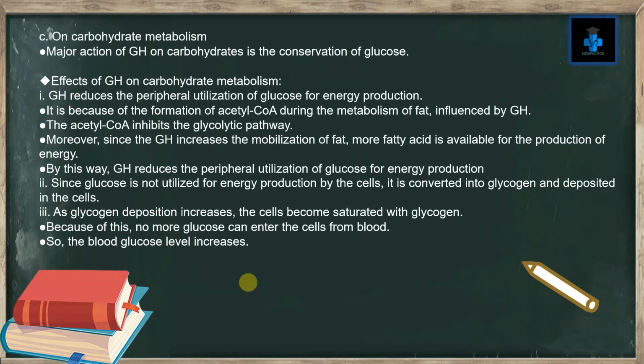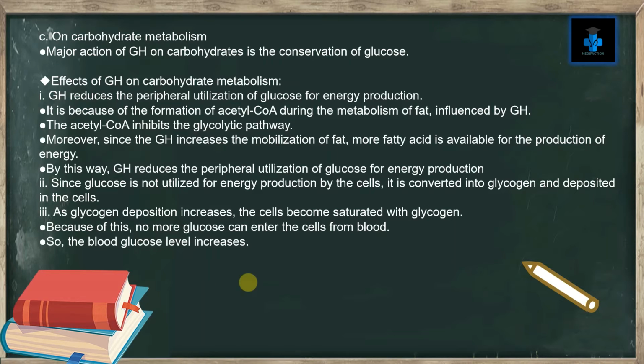On carbohydrate metabolism. Major action of growth hormone on carbohydrates is conservation of glucose. Effects of growth hormone on carbohydrate metabolism. Number 1. Growth hormone reduces the peripheral utilization of glucose for energy production. It is because of the formation of acetyl-CoA during the metabolism of fat influenced by growth hormone.